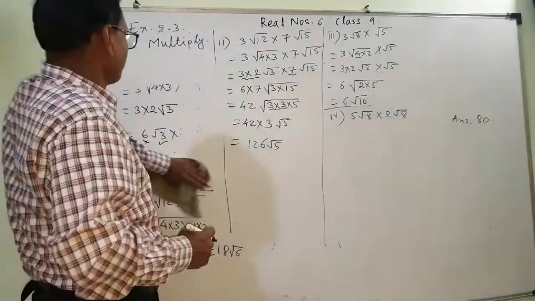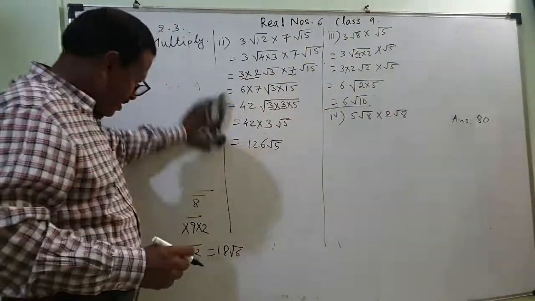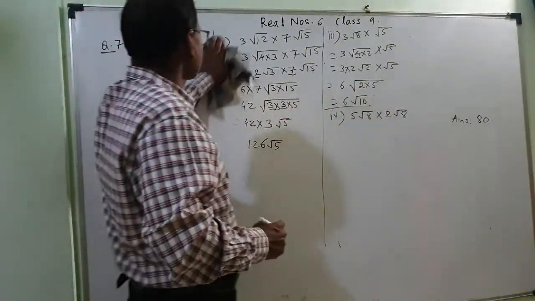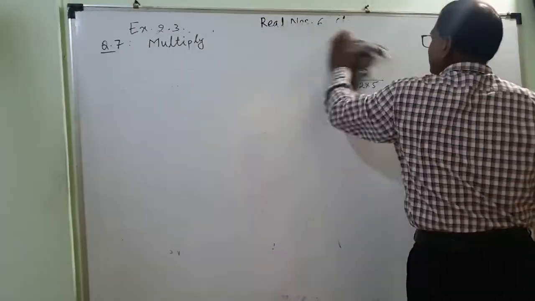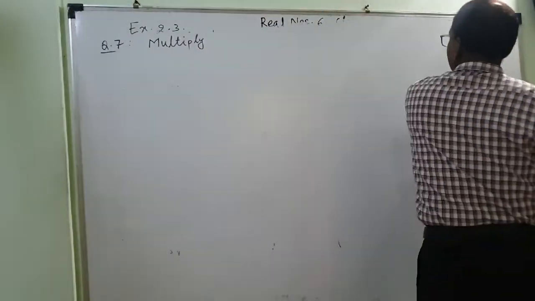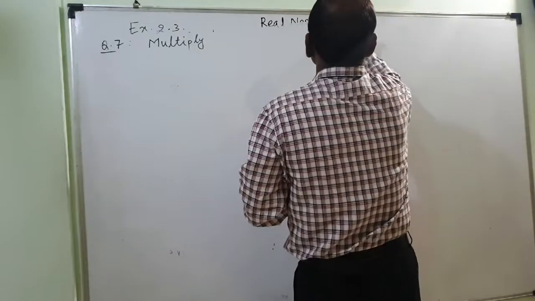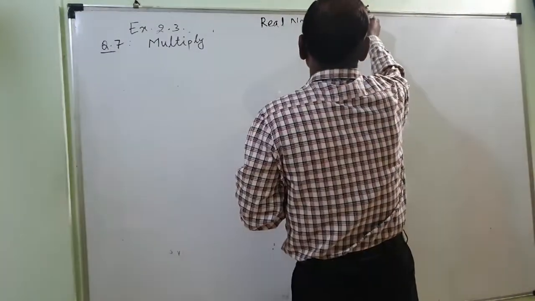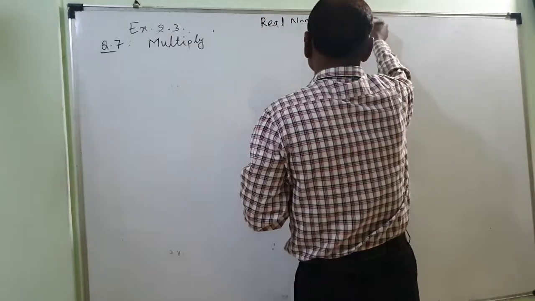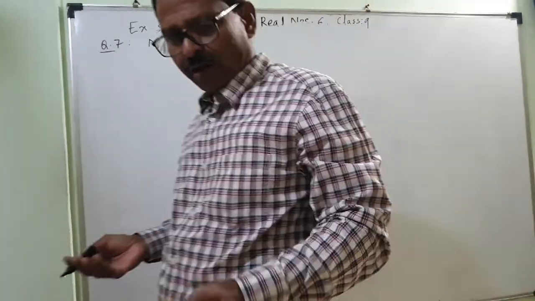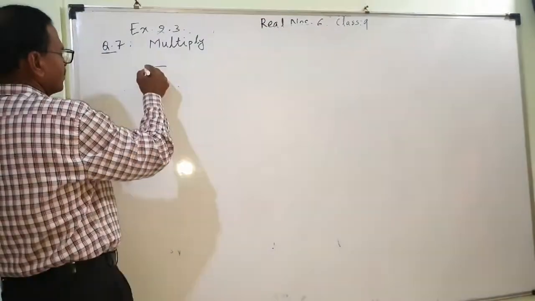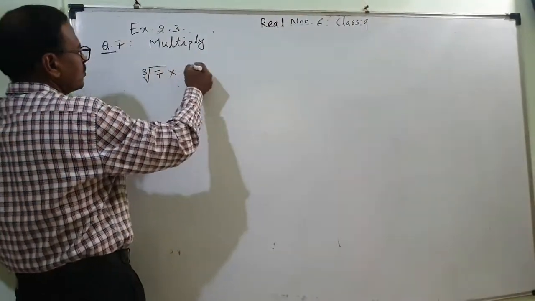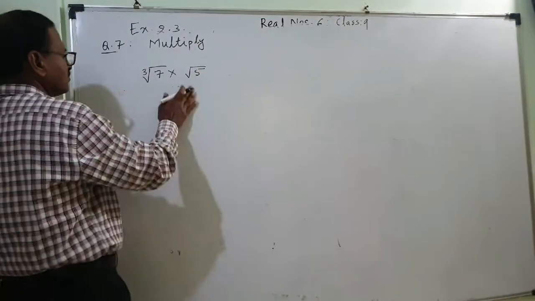So I will give you one example for the scholar students for multiplication. This is class 9. Cube root of 7 into under root of 5.